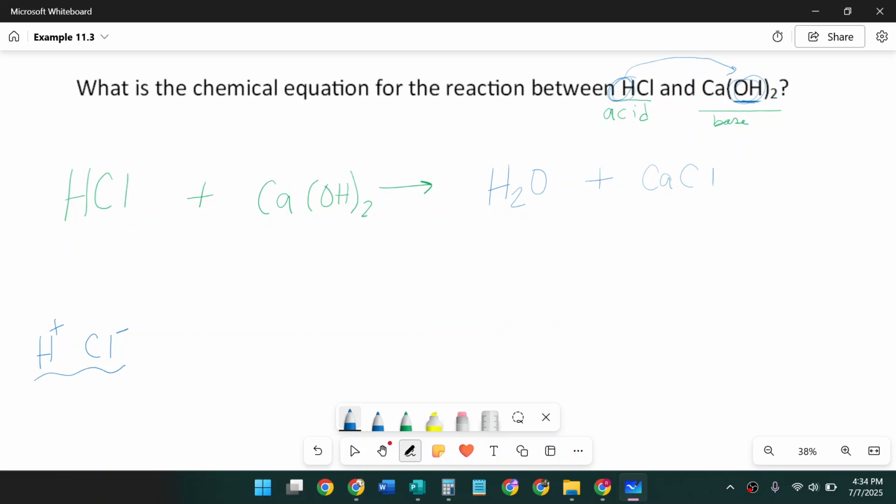And then the calcium, you can look at this in two different ways. You can either know that the calcium is in the +2 because it's in column 2A, or you can recognize there's an imaginary 1 here, and we must have taken whatever the charges were for these two things and swapped them to get those subscripts.